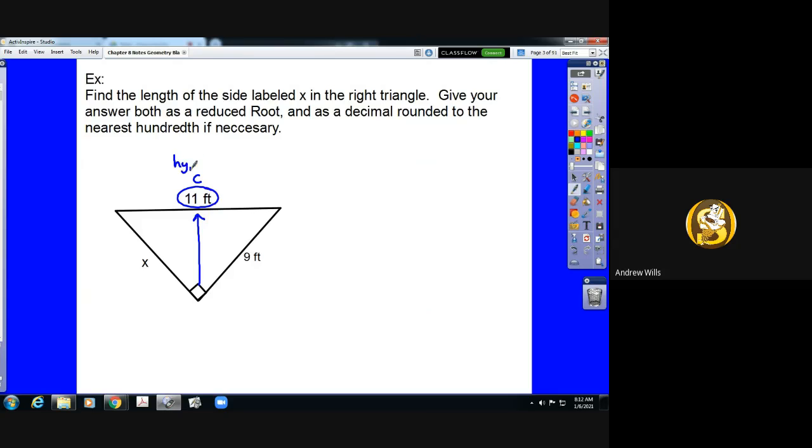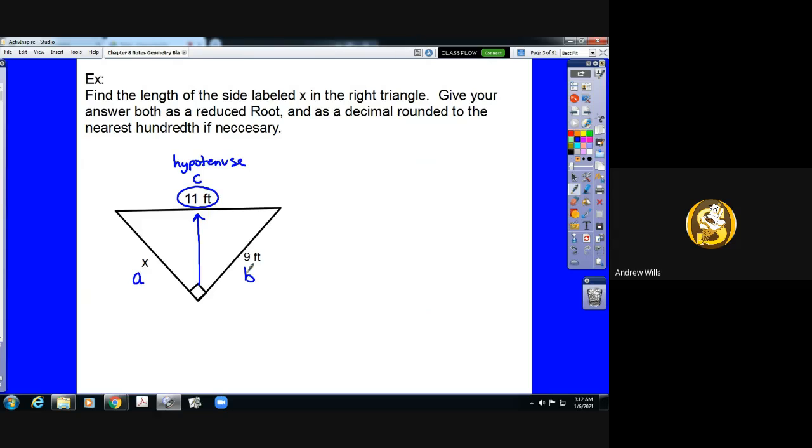That is your hypotenuse. So we know the hypotenuse this time, which is going to make the problem a little bit different, not a lot different, which means our variable is one of the legs and 9 is the other leg. So we'll call x the A, and we'll call 9 B. The hypotenuse is 11.